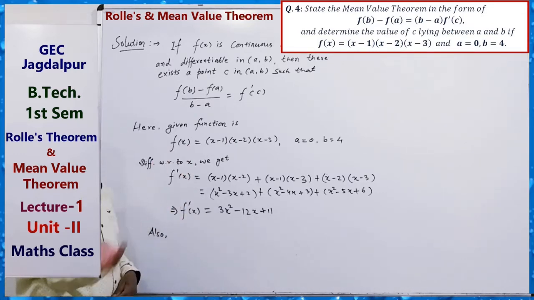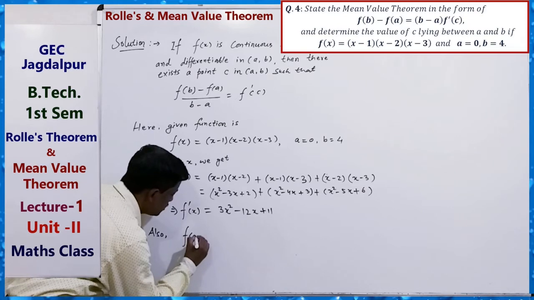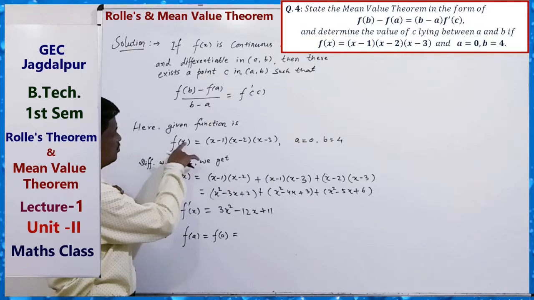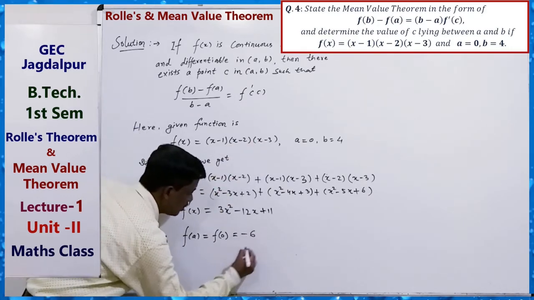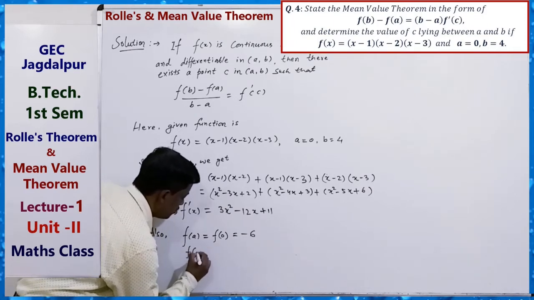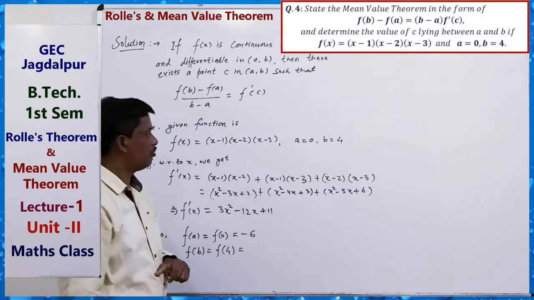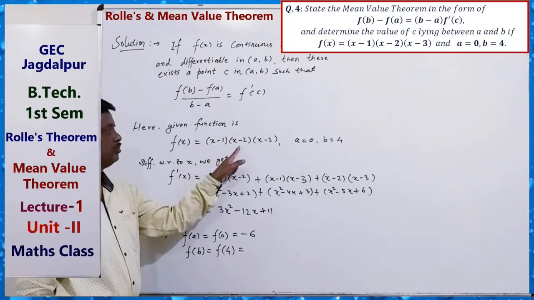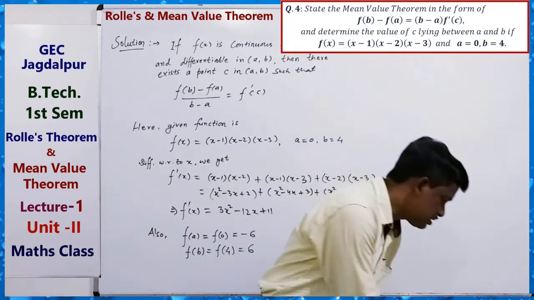Here f(a) means f(0); putting 0, we get minus 6. And f(b) is f(4): 3 times 2 times 1 is 6. So both values are minus 6 and plus 6.